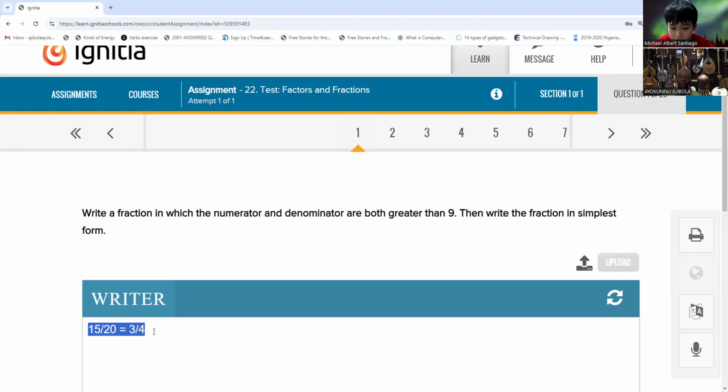We have a fraction here which is 15 over 20. Yes or no? Yes. And we divided both of them by 5 to reduce it to the lowest term. It gave us 3 over 4. So think of another fraction that you will reduce to lowest term and tell me.